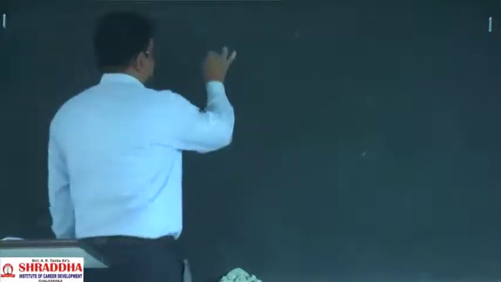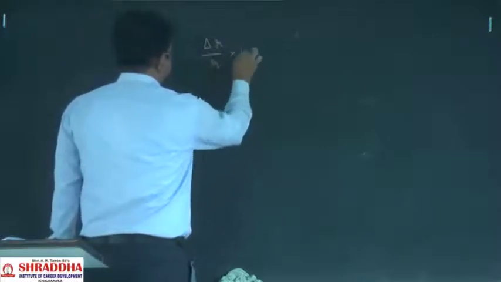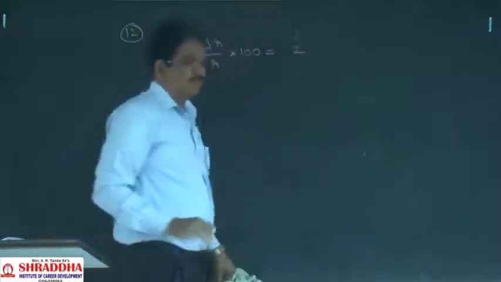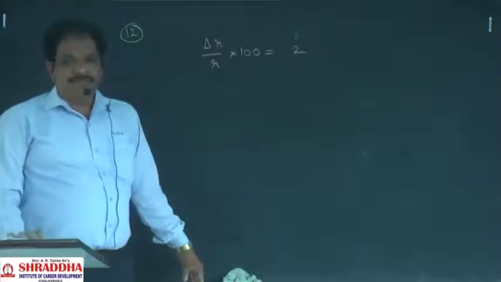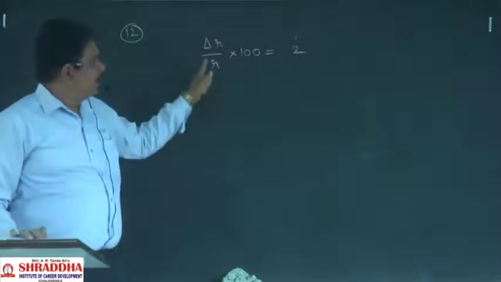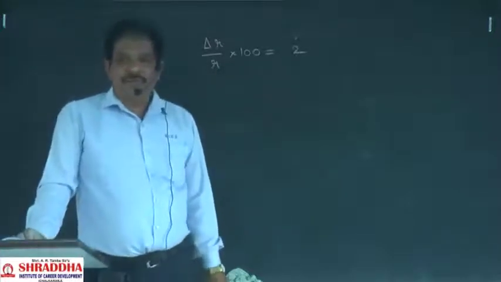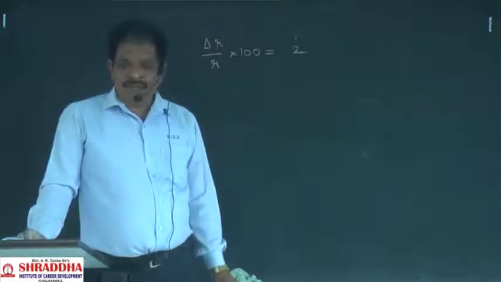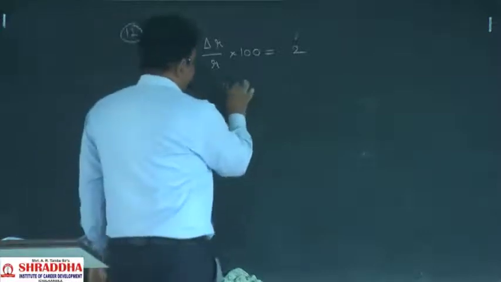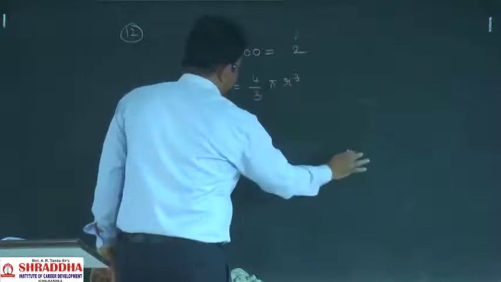So delta R by R into 100 is 2. Percentage error in the measurement of volume is how much? Here V is equal to 4 by 3 pi R cube.